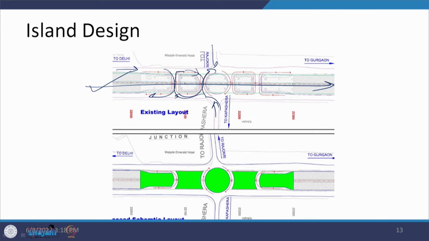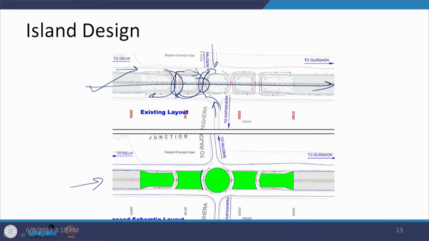So, there are multiple movements happening at these locations, which are not good as such, because there are different directional movements, and therefore there is merging, weaving and diverging, all happening there, and this may not be safe.